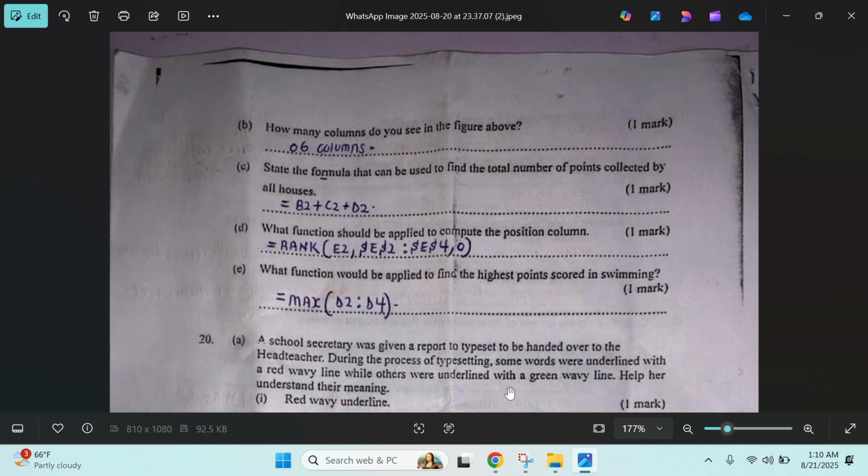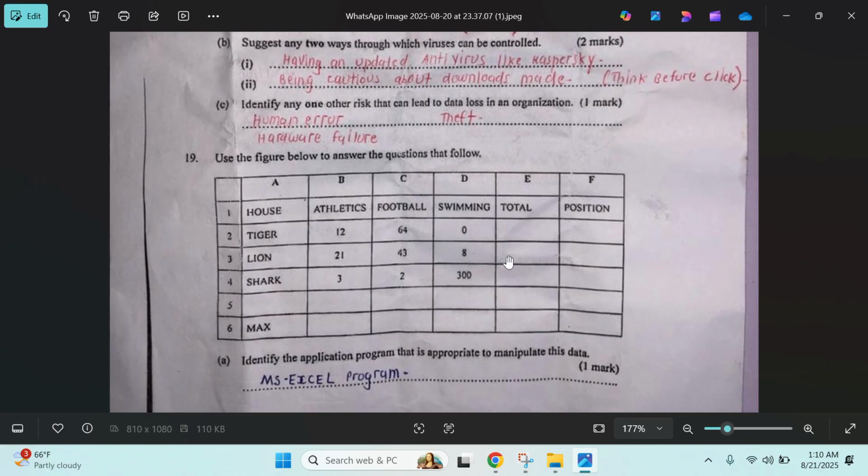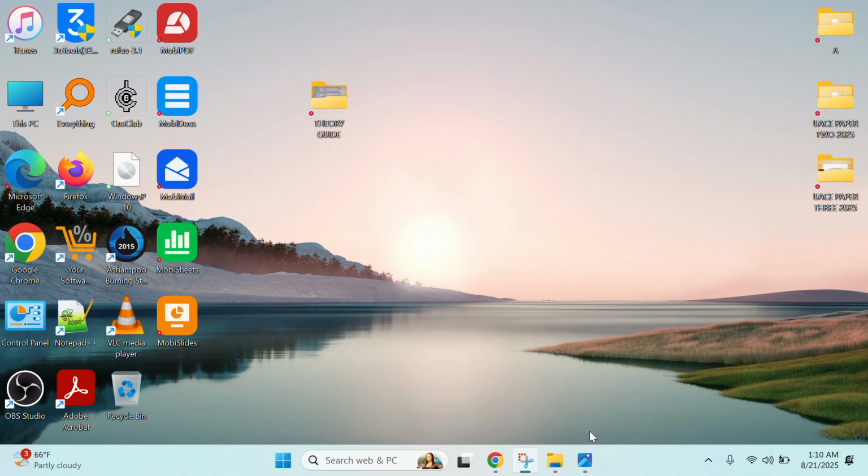The formula to display the total number of points collected by all houses is equals B2 plus C2 plus D2. That's a formula that can return the total. And then, of course, you drag downwards for the answers.